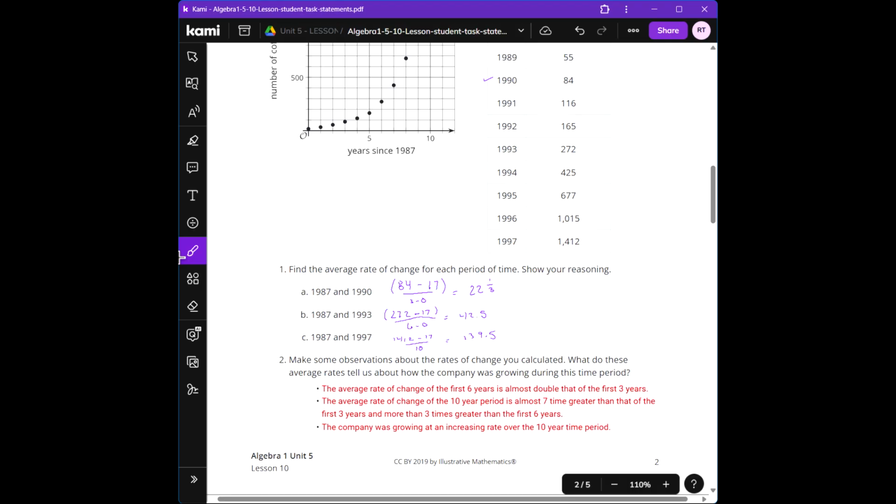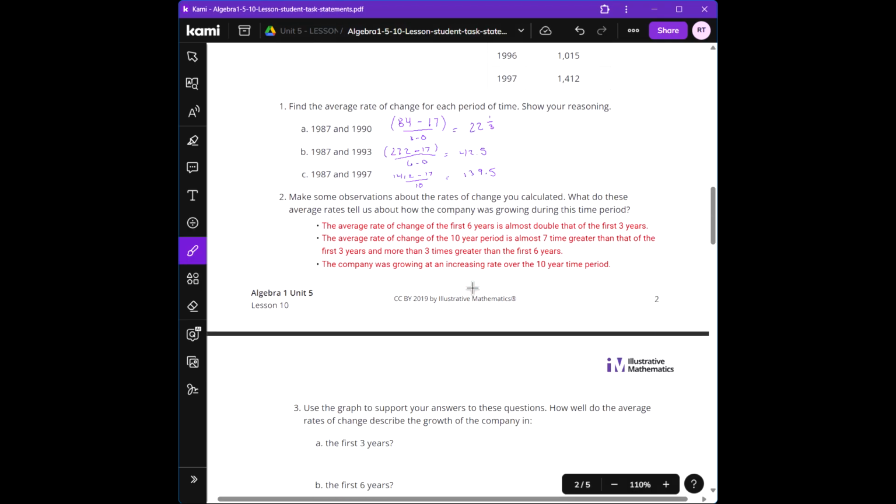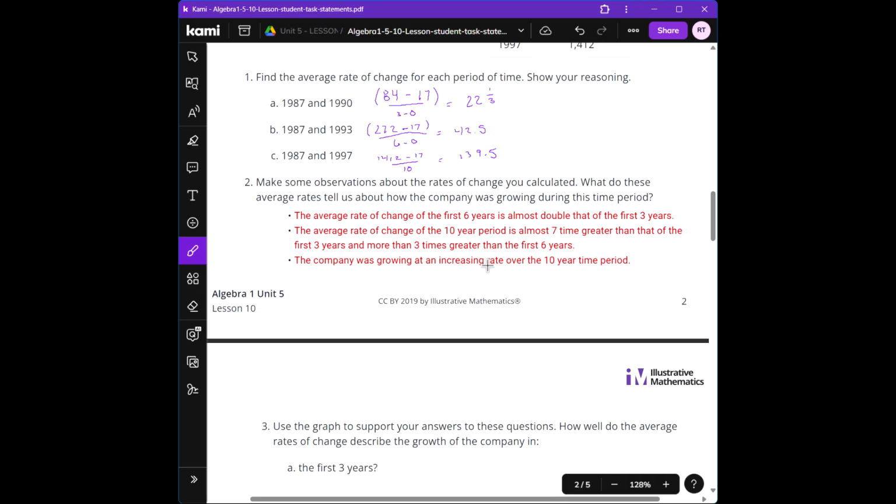We're going to make some observations. I copied these down from what's in the text. Let me zoom in just a little bit. The average rate of change for the first 6 years is almost double that of the first 3 years. We're comparing these two numbers here.